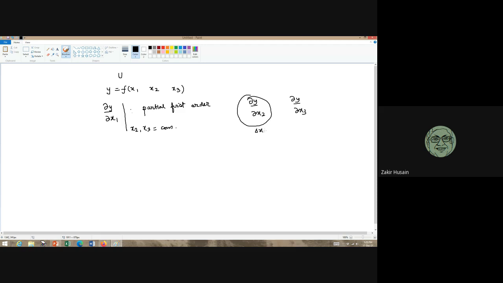So del x1 is equal to del x3 is equal to 0. There's no change in the other variables. Here also, the other variables are x1 and x2, so none of them are changing. This is the first order derivative. This is the second order derivative. And then we have cross derivatives.